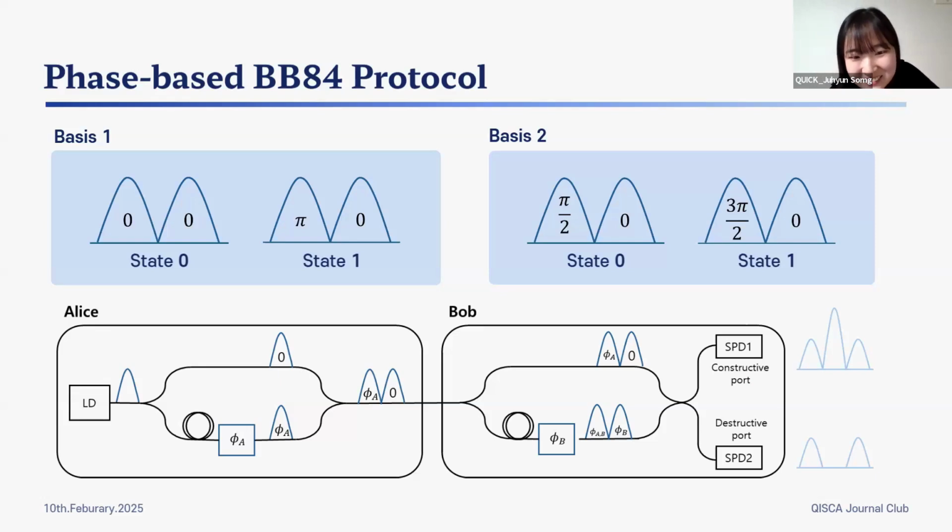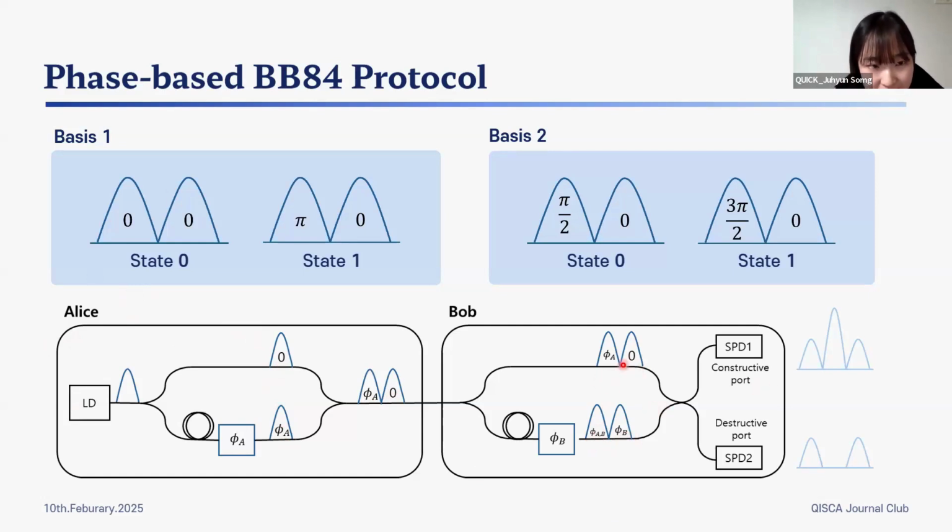For example, when Alice sends state 0 in basis 1, and Bob also selects basis 1, then this pulse would be 0, 0. And since Bob also selected basis 1, this also remains 0, 0.